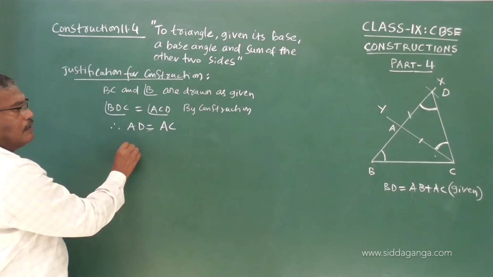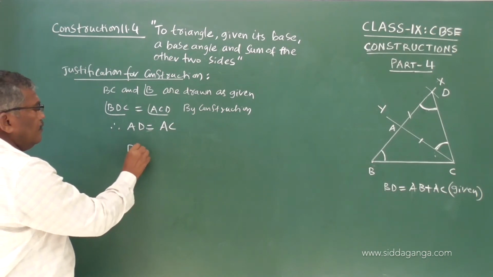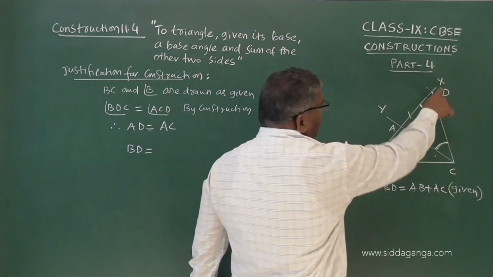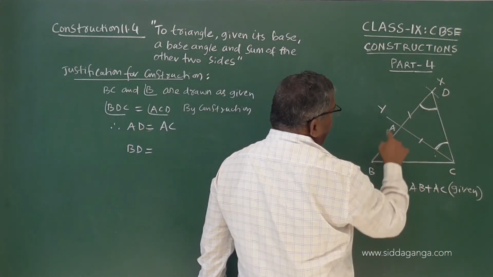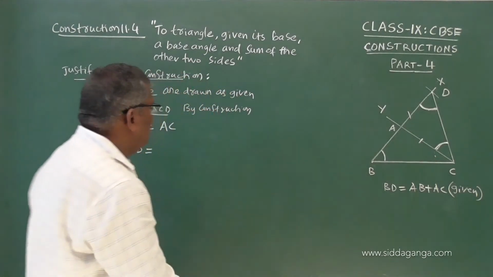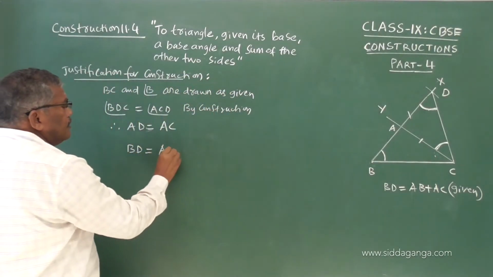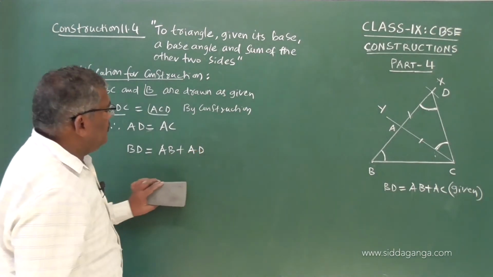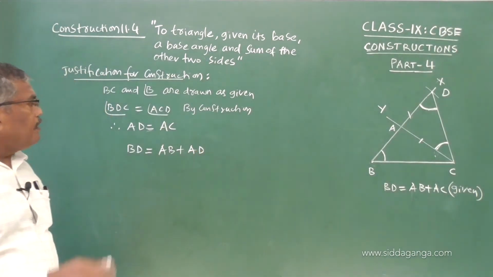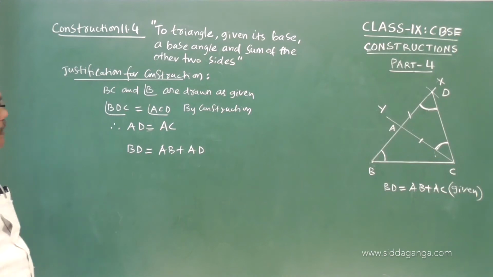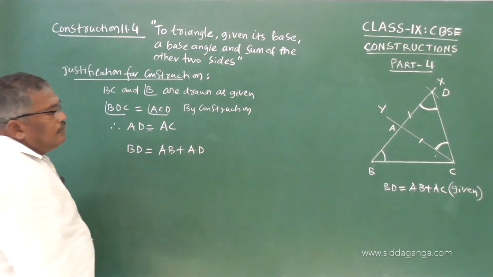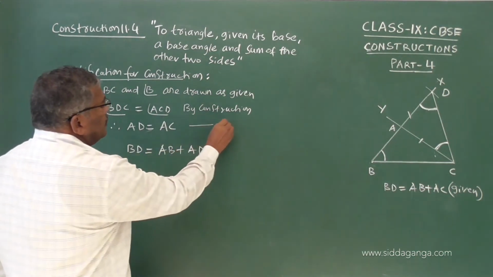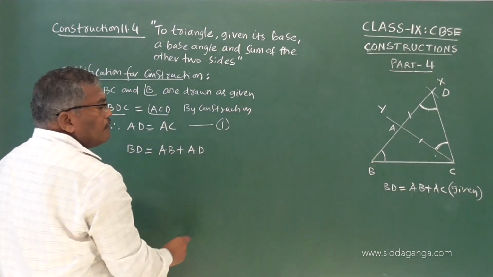BD equals AB plus AD. But AD equals AC. You can call this equation 1.